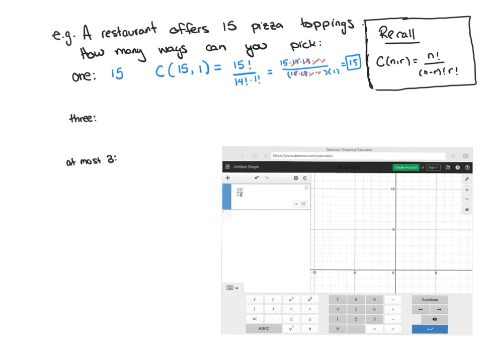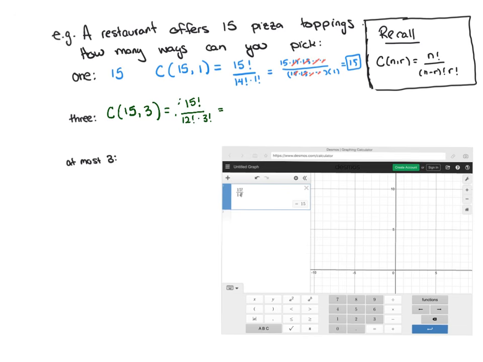All right, so now let's say I want to choose 3. That's going to be a more complicated example. So here we really need to use our coefficient, our binomial coefficient it's called. So I'm going to have 15 pizza toppings, and I want to choose 3 of them. So my formula tells me that's 15 factorial over 15 minus 3 is 12 factorial times 3 factorial.